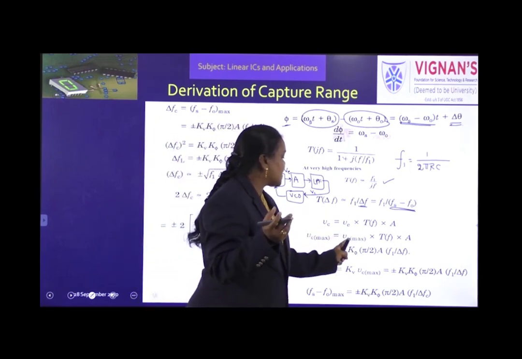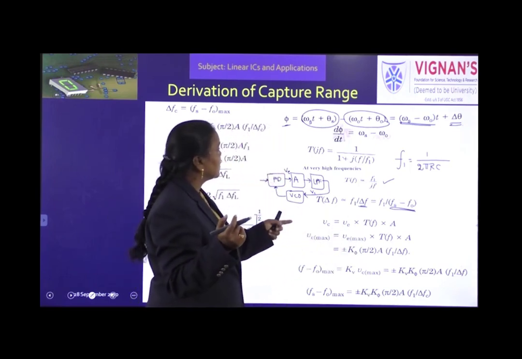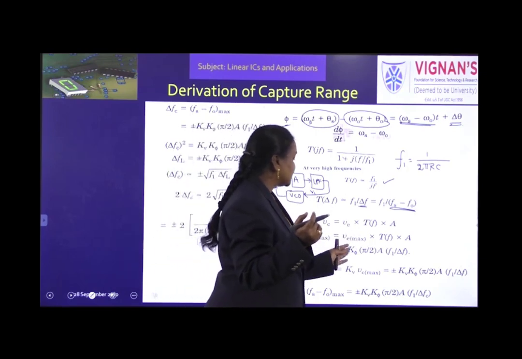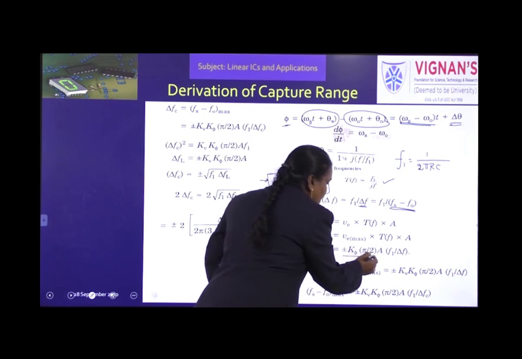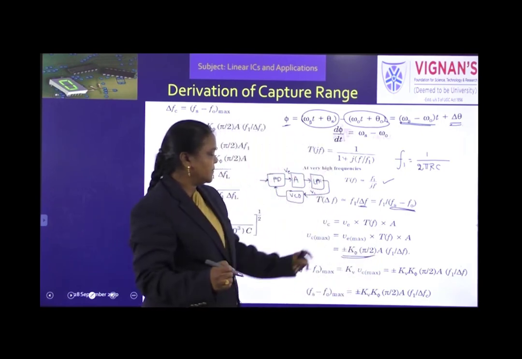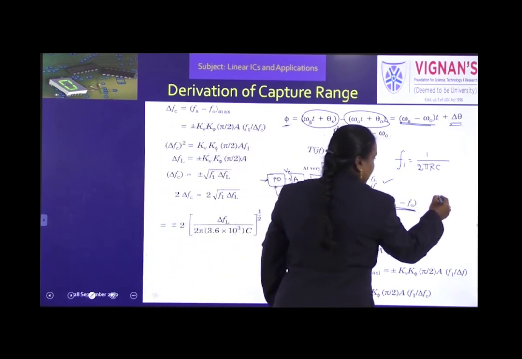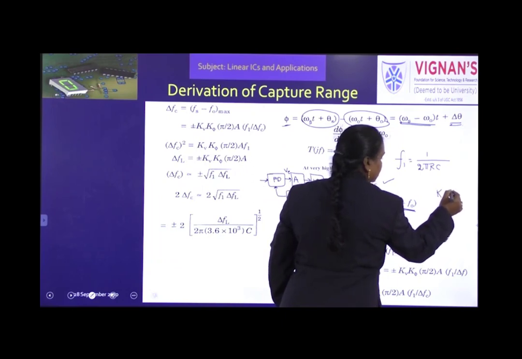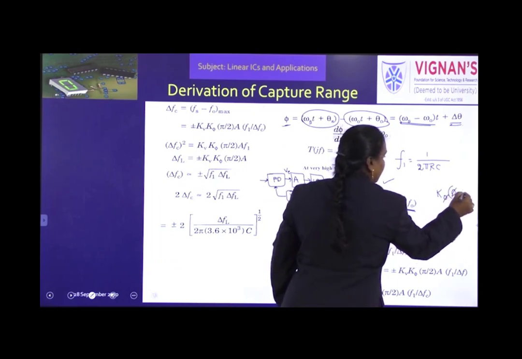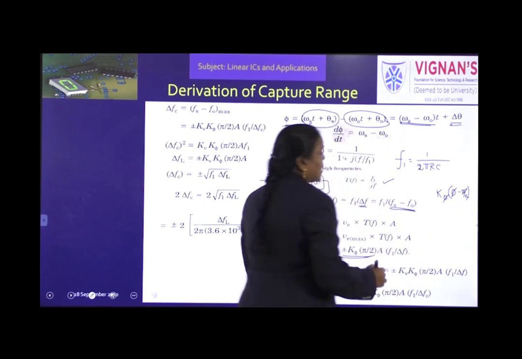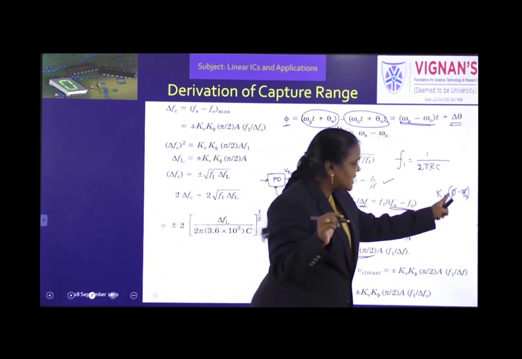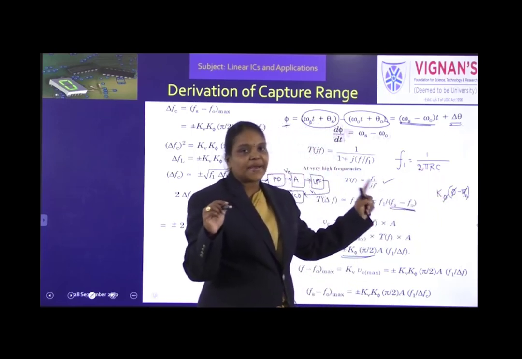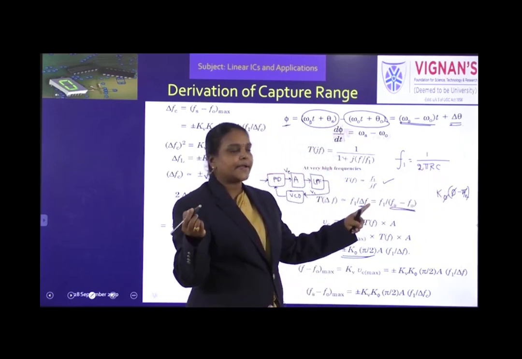And what is VE max? It is K phi into pi by 2. Just now we have seen in the previous derivation, actually it is K phi into (phi minus pi by 2). And we are getting the maximum control voltage when phi is 0 or pi radians.